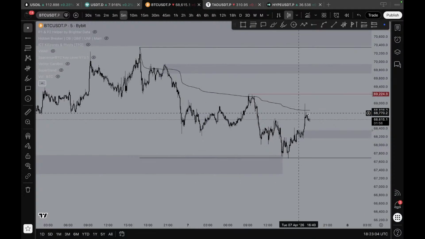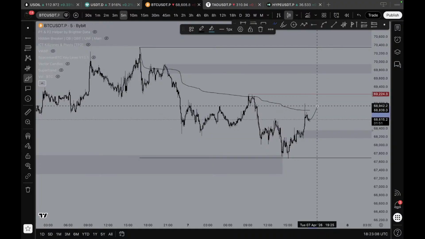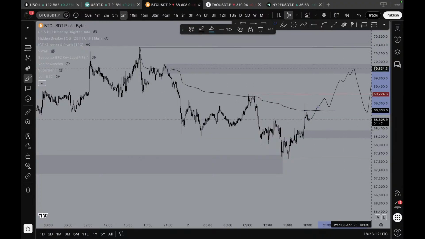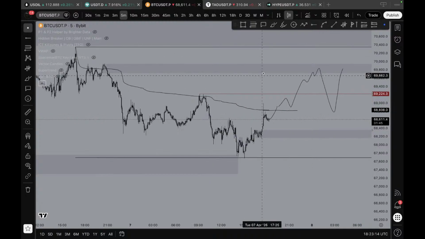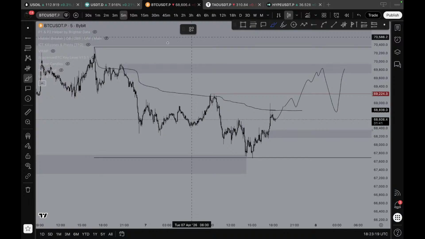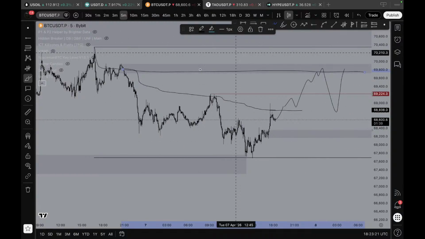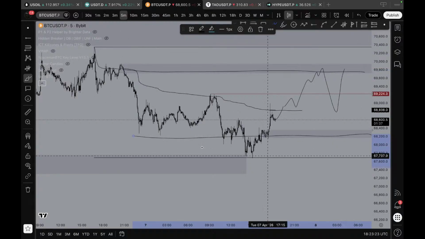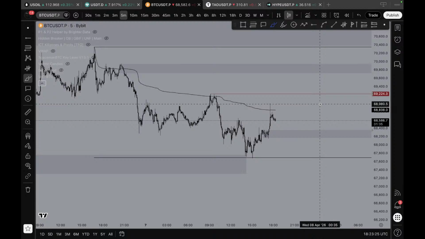Being tested several times already. Right now rejecting, which would be, if we can get above it, then that would for me signify that we are likely validating this range, and then just look for shorts at the range extreme and longs the lower part of the range.